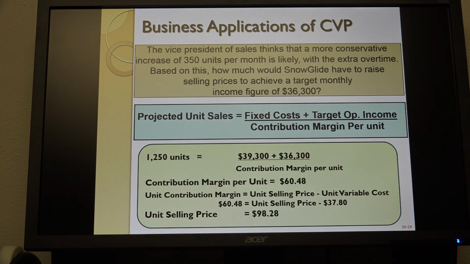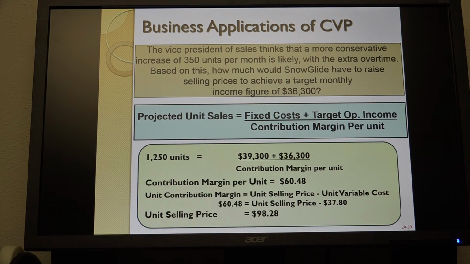Here, the Vice President of Sales thinks that a more conservative increase of 350 units per month is likely with the extra overtime. Based on this, how much would Snowglide have to raise selling prices to achieve a target monthly income of 36,300? And so to figure out our projected unit sales, we're going to have to take, again, as our numerator, fixed cost plus target operating income.